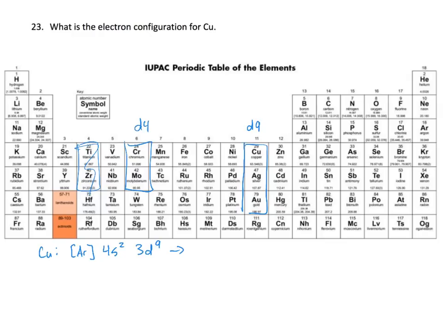Similarly, the ones that are d4 can take 1 electron from the 4s to become d5. So this becomes argon 4s1 3d10. And then the last thing that we always do is tuck the d's under. So our actual electron configuration for copper is argon 3d10 4s1. That's it.